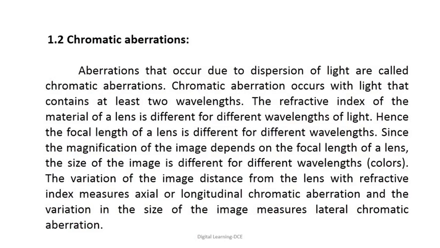The variation of the image distance from the lens with the refractive index measures axial or longitudinal chromatic aberration, and the variation in the size of the image measures lateral chromatic aberration.